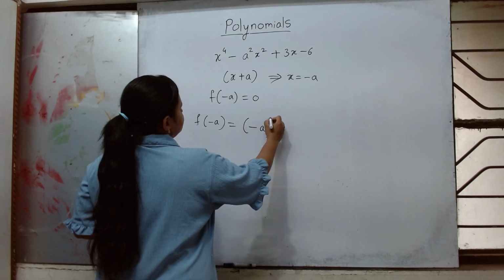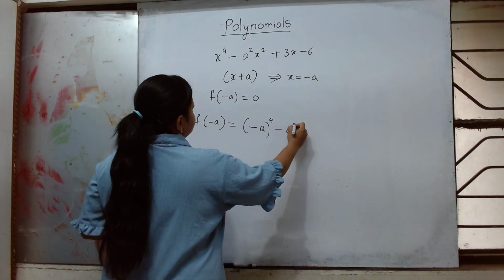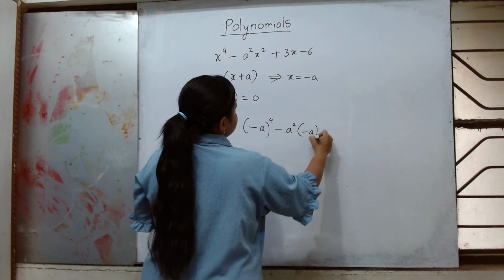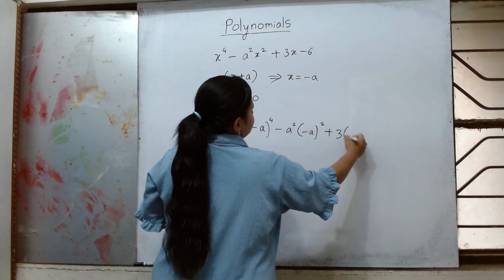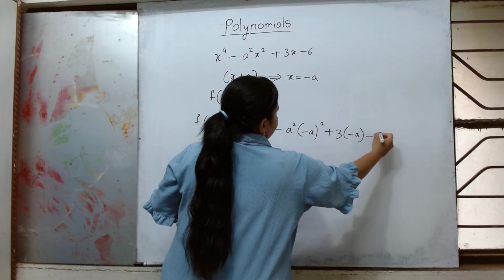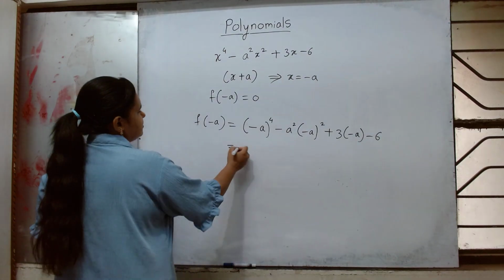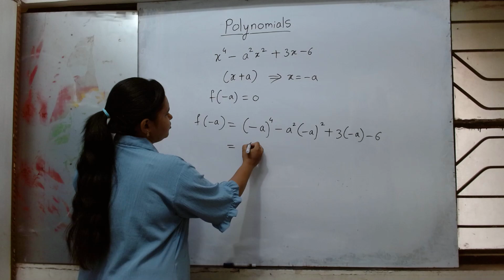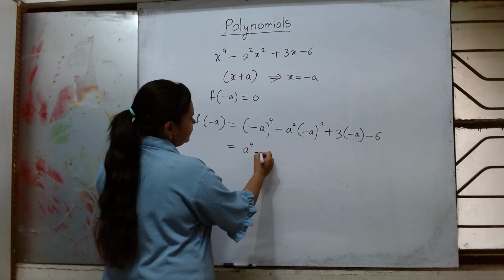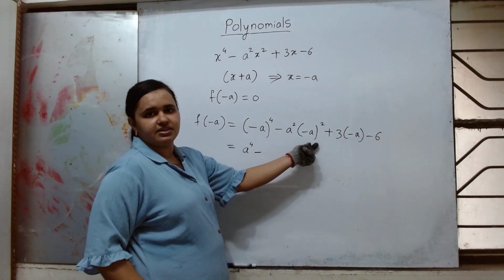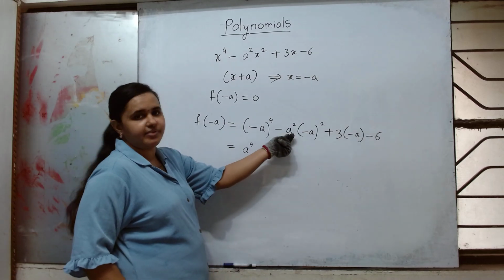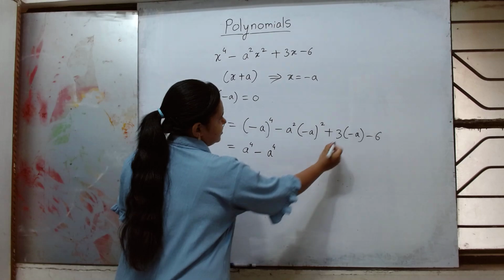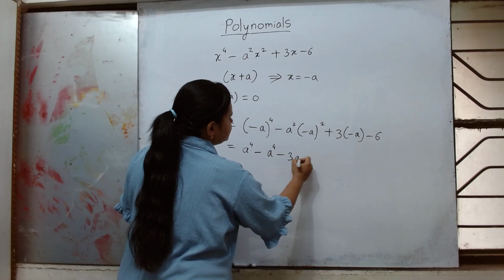Minus A to the power 4 minus A square x square minus A square plus 3 into minus A minus 6. Now minus A to the power 4 is A to the power 4, minus A square is A square, and A square multiplied by A square is A to the power 4. 3 multiplied by minus A is minus 3A minus 6.